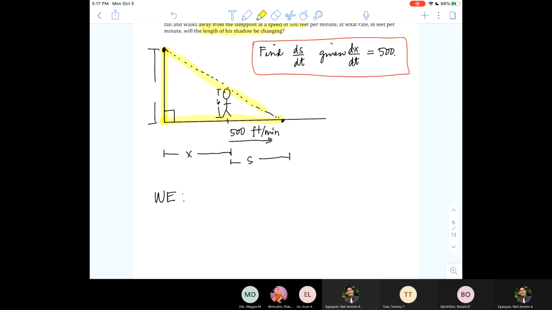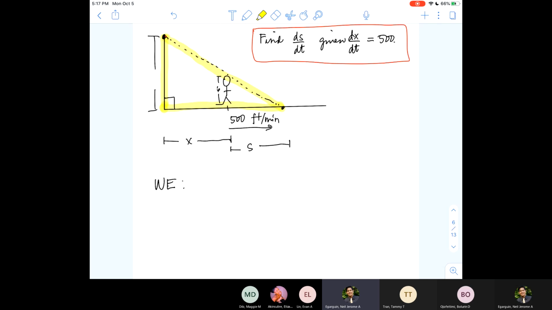If this is the big triangle, remember similar triangles? Is it called congruent? No, it's just similar triangles, because the ratios of their corresponding sides should be equal to each other.